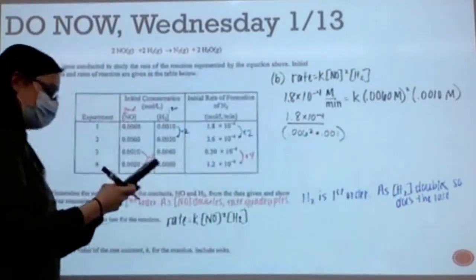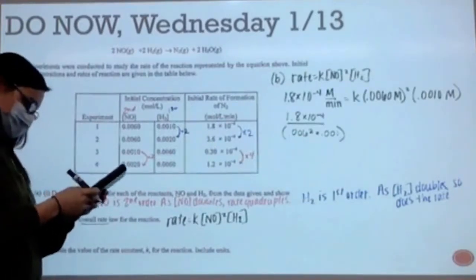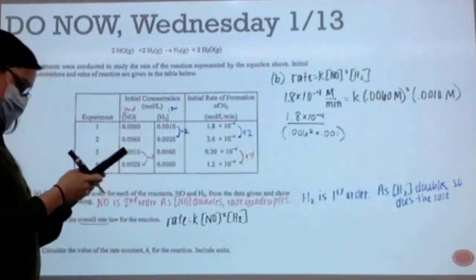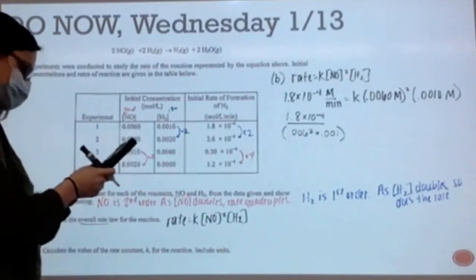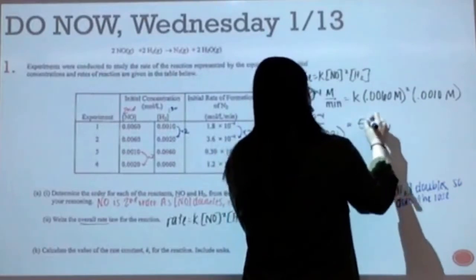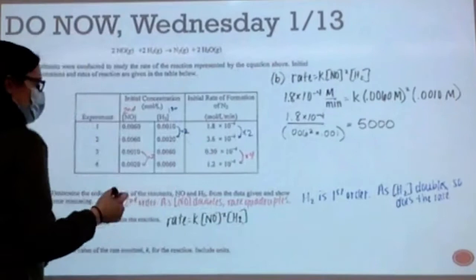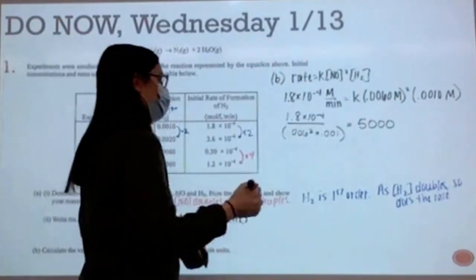That's what it's going to look like in my calculator. Get 5,000. Now it says include units.